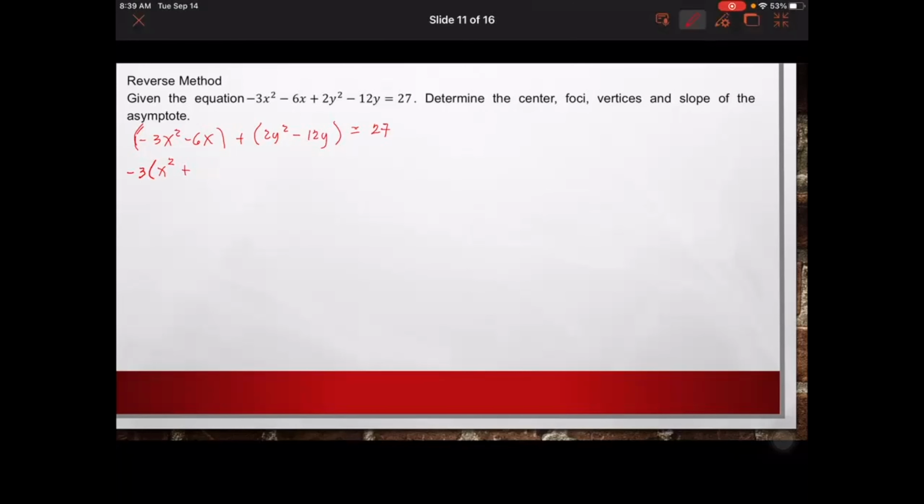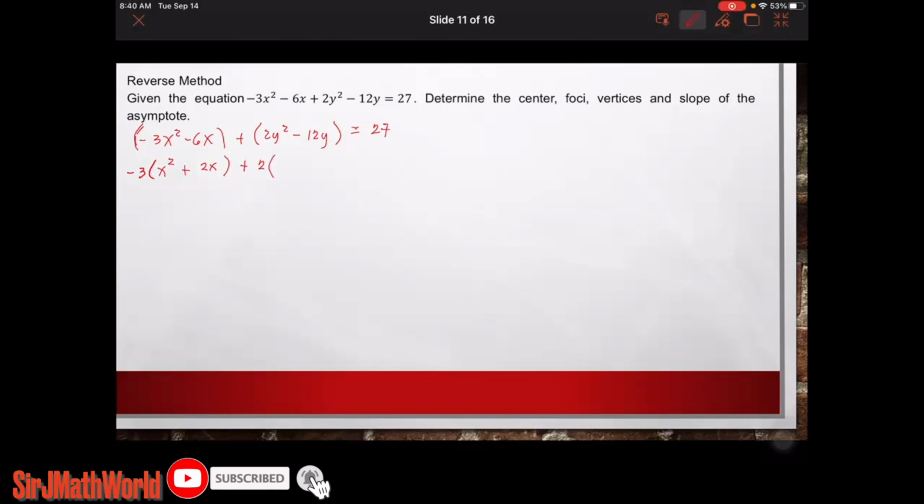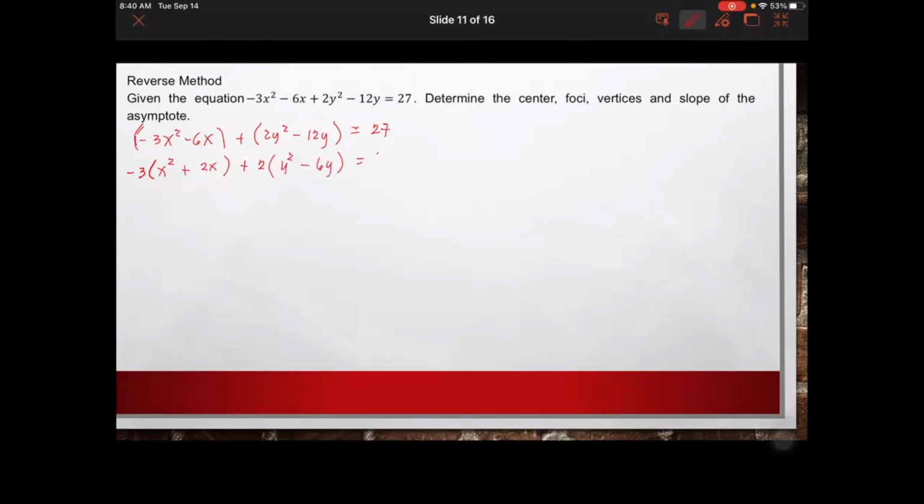Positive 2x. Ang pinapa-factor lang natin dito is yung number, hindi kasama yung ating variable kasi kailangan natin siya to complete the square. So, negative 3 times x squared is negative 3x squared. Negative 3 times positive 2x is negative 6x. Tapos, ilabas natin dito yung 2 sa kabila. So, positive 2. Then, gawin natin dito ng y squared minus 6y equals 27.